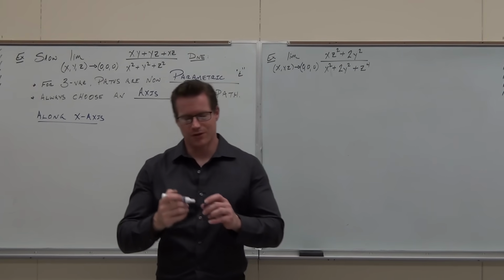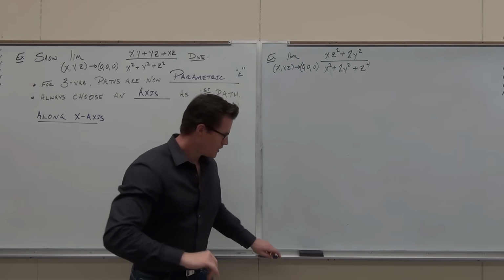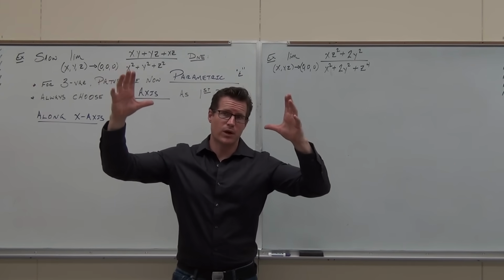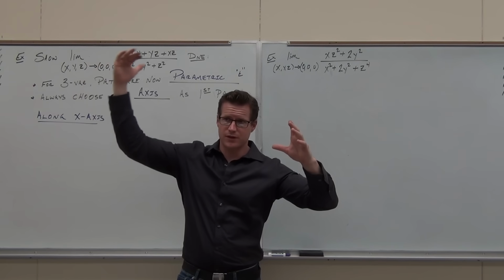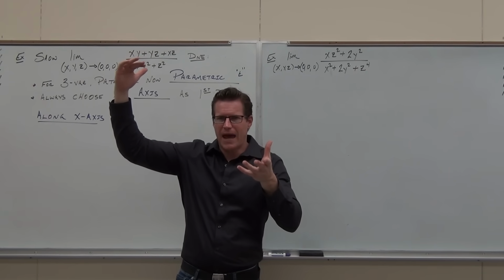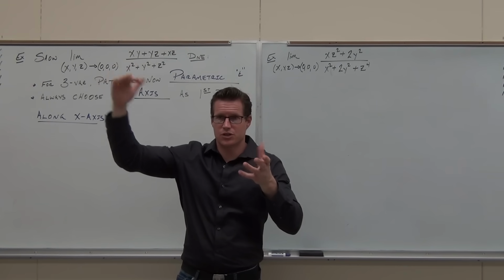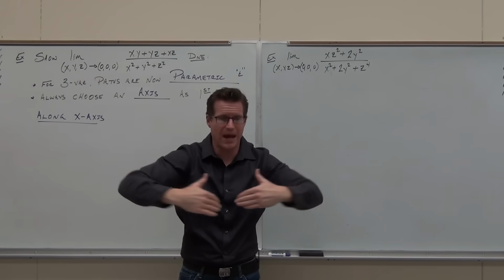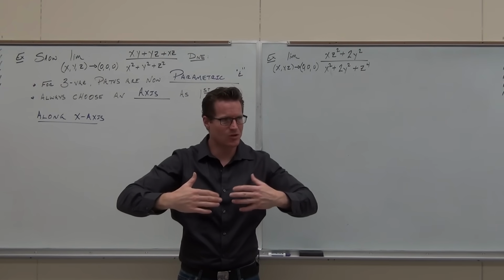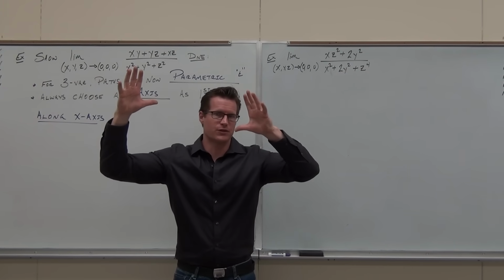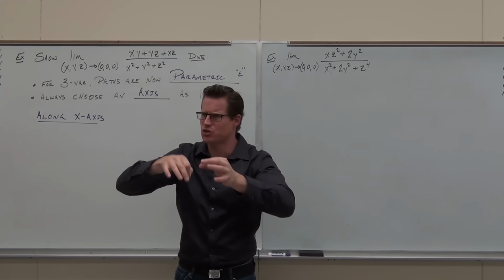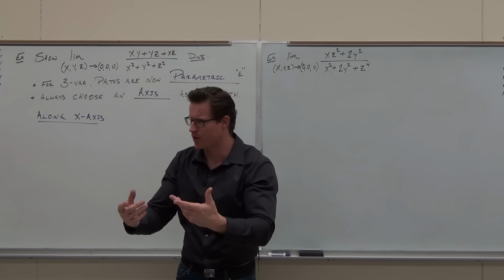The surface is in 4D, but we are traveling along that surface over paths in 3D, just like in 3D we were traveling over paths in 2D. Do you guys get it? So we're going to be traveling along this weird 4D surface over a three-dimensional curve. That's what we're trying to describe right now.